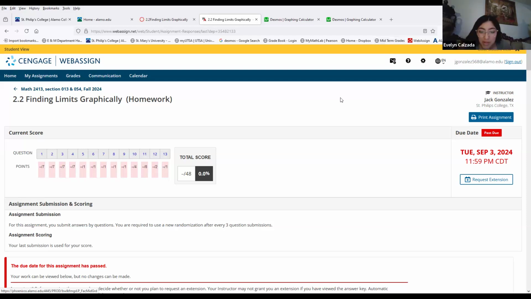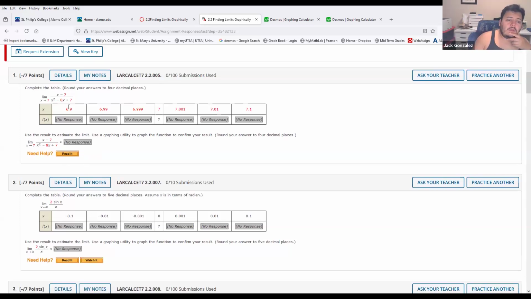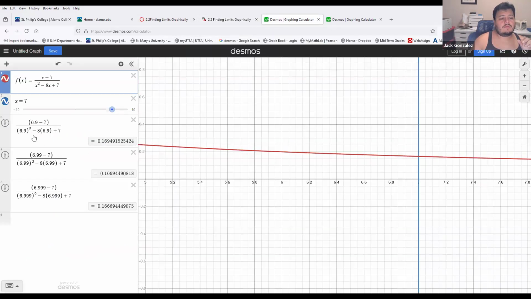Can you explain what we do in the first question again? Number one? Yes. So all you're doing is plugging these numbers into all the x's and seeing what it is approaching. So that's what we did right here. When I plug in 6.9, I get this number. When I plug in something closer, 6.99, closer to 7, I get this.